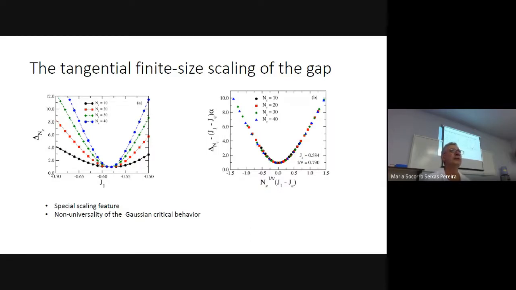And most of the numerical studies implement what they call a twisted boundary condition in order to generate level crossing, and through this level crossing, the location of the critical point and the critical exponent can be obtained.